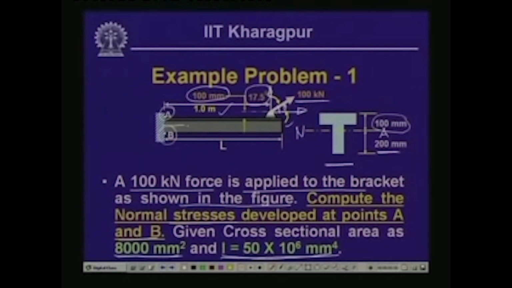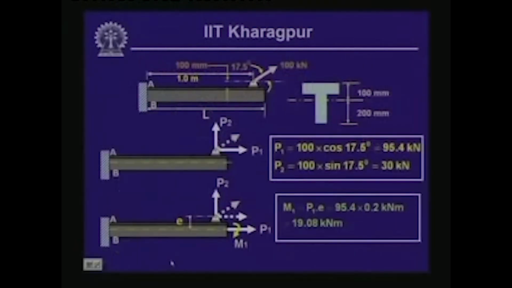If we transfer that load to the CG of the member, it will be an axial pull to the member, but it will be associated with a moment. So, this load can be transferred to the CG of the member with a load and a moment, and the vertical component of the load is going to cause bending in the member. So, let us analyze that first.